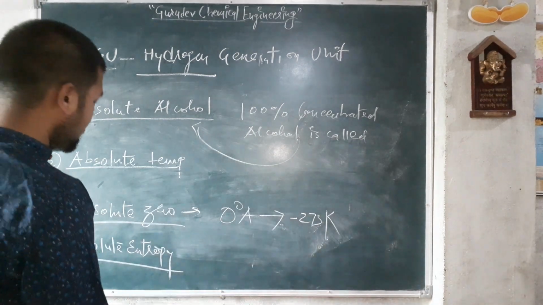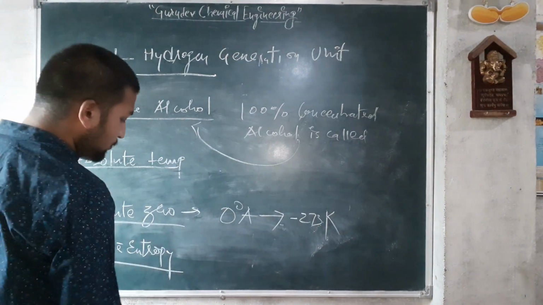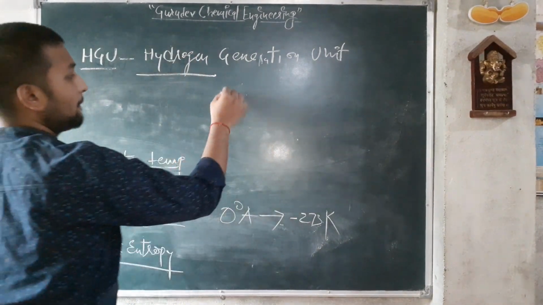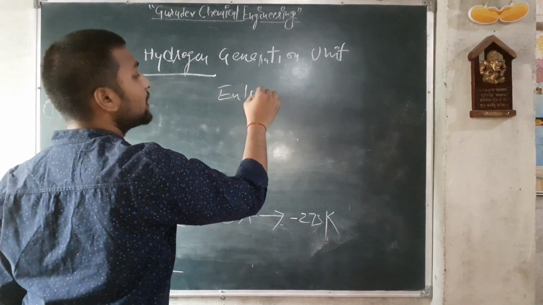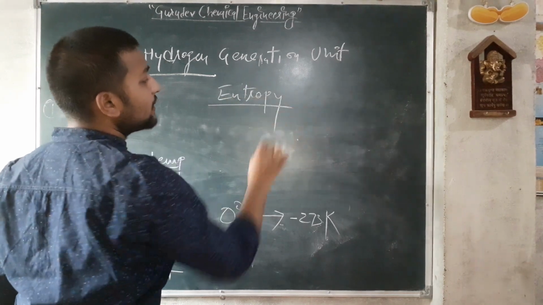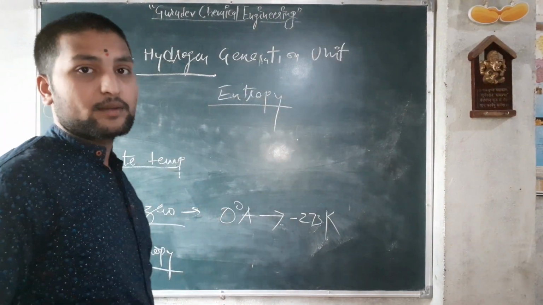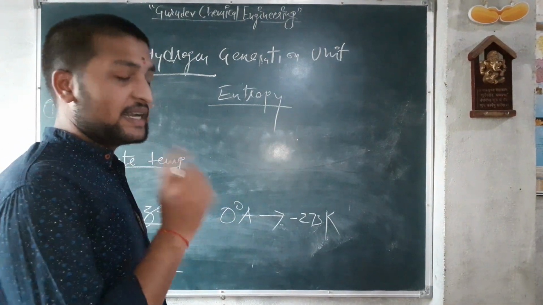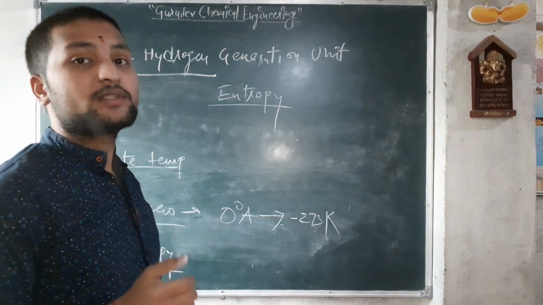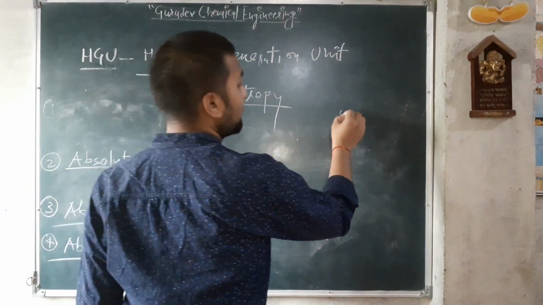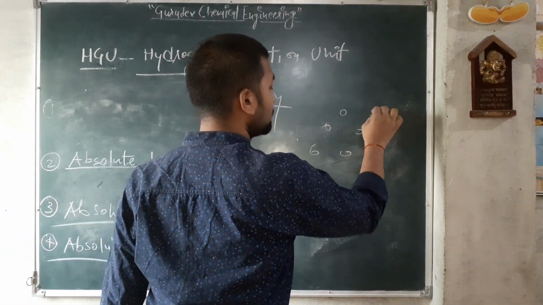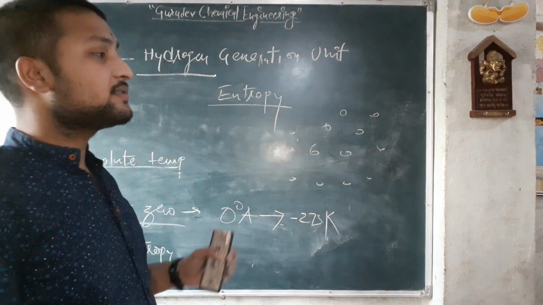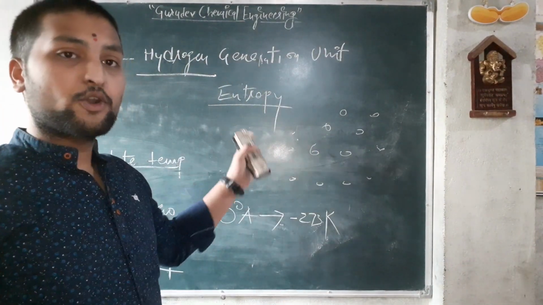Now we will discuss the absolute entropy. So we will discuss entropy first. The word entropy is generally discussed in the thermodynamics chapters. So entropy is nothing but the randomness or disorder of the system. If any system contains disorder, then its entropy will be more.